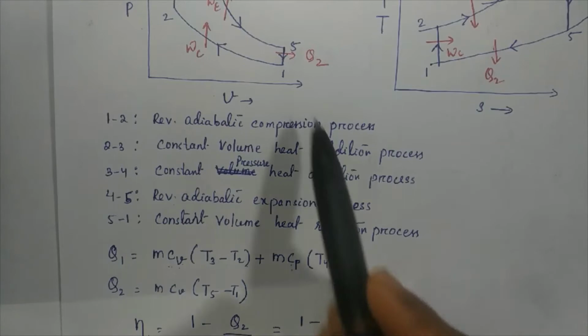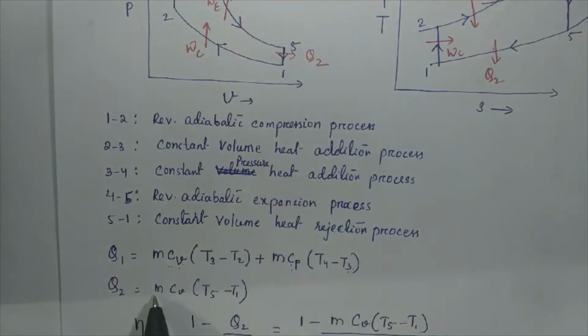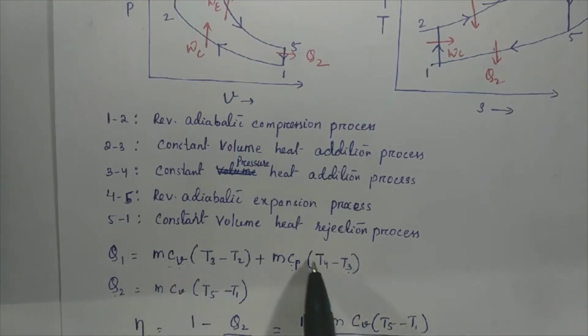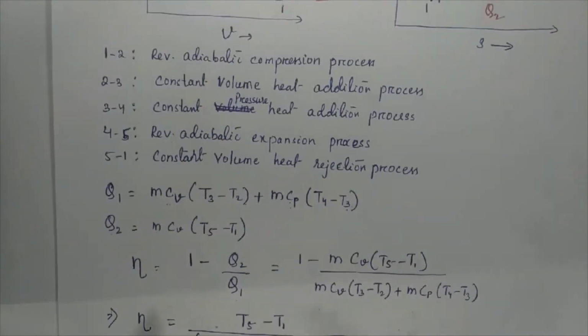Now heat rejection. This heat rejection takes place at constant volume. So the magnitude of Q2 is equal to m Cv (T5 minus T1). We substitute the expressions of Q1 and Q2 into the expression of efficiency, that is 1 minus m Cv (T5 minus T1) divided by m Cv (T3 minus T2) plus m Cp (T4 minus T3).